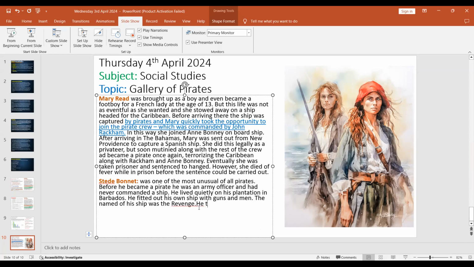When they asked him why he had this ship and what he was going to do with it, he told everyone he had done this so that he could trade legitimately and protect himself while doing so.